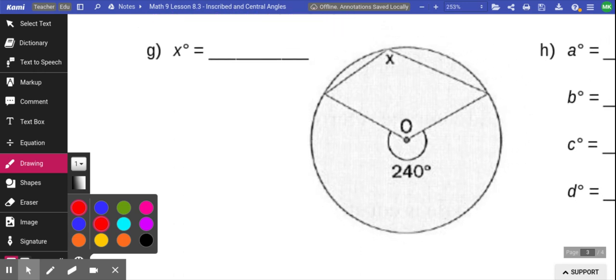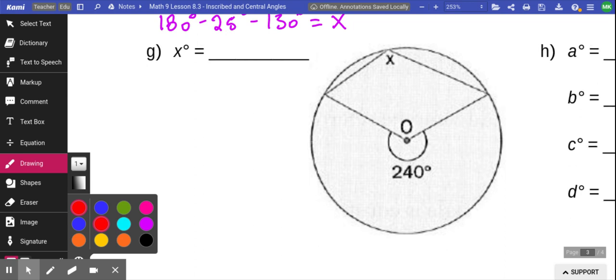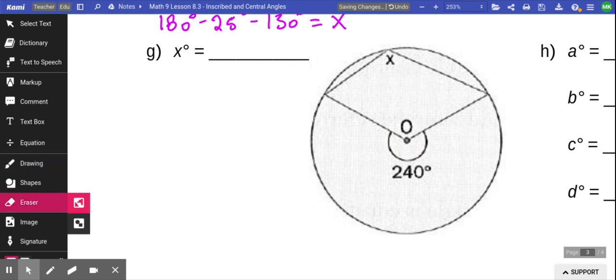So if you're looking at angle X, again, it doesn't really look like they've given you much, but they have. They're also kind of using our trick of 360 degrees for a full circle. So the first thing I would do is when I look at this question, I would immediately say, okay, if this is 240 degrees, then the other side, if I was to complete it, should add up to be 360.